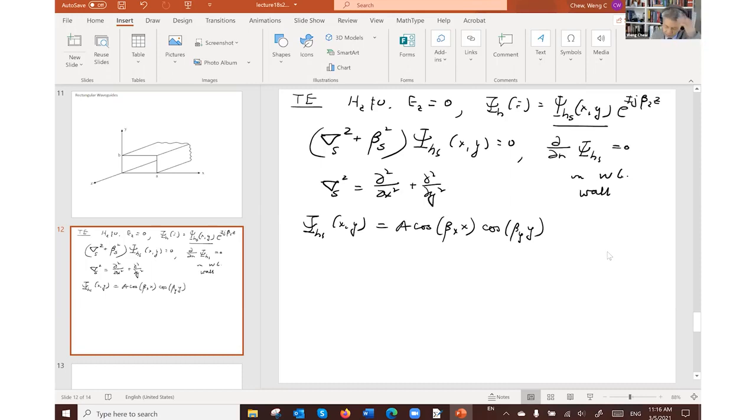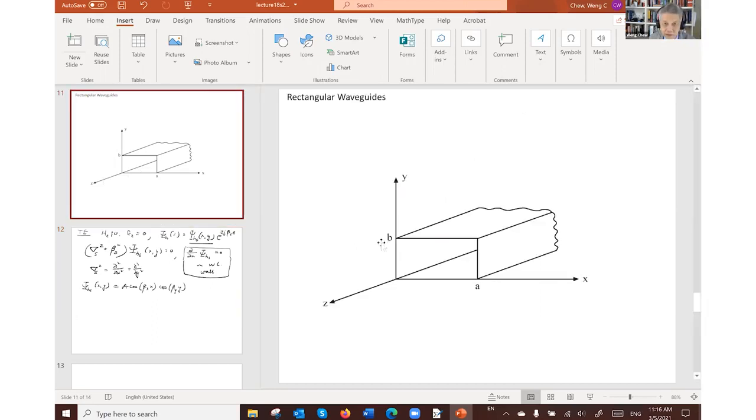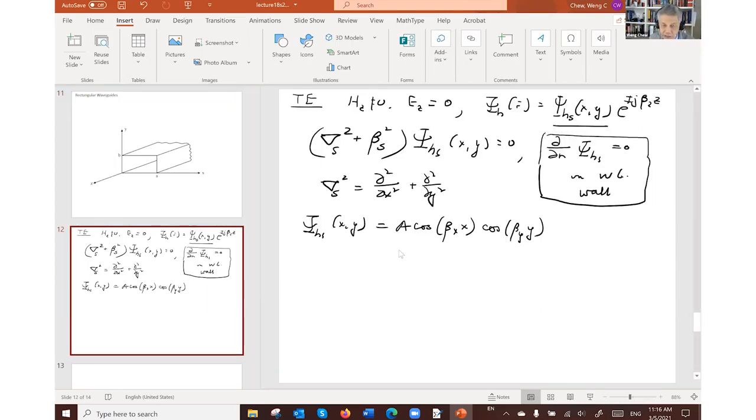Okay, you can also choose sine as well, but we have chosen the cosine so that on the waveguide wall, at least on one of the two walls, like the x equal to 0 wall, which is this wall over here, and the y equal to 0 wall is this wall over here, this would satisfy the Neumann boundary condition on the two walls.